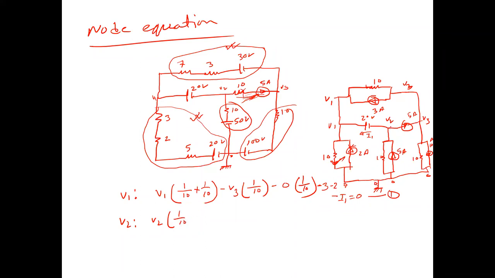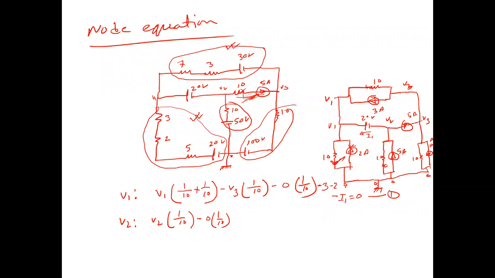If any resistance, then add, but no resistance, so no add, only one. Okay, then minus 0 into 1 by 10. Then resistance is finished.